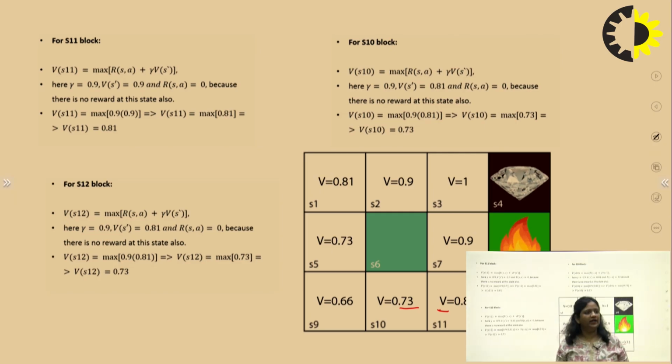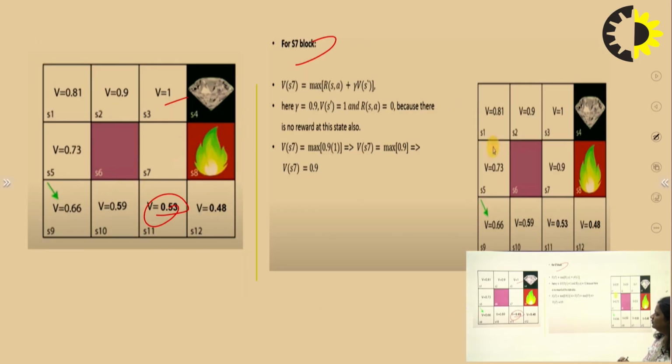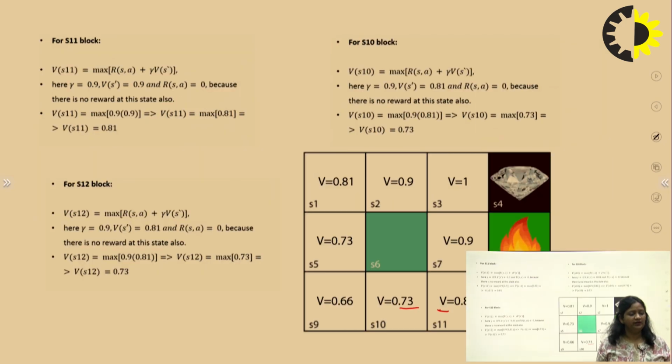The discount factor 0.9 multiplied by the previous value, that is 0.9, gives 0.81. So the value of S11 is 0.81. What was the previous value? That is 0.53. The maximum of 0.53 and 0.81 is 0.81. So we replace the S11 block value 0.53 with 0.81.